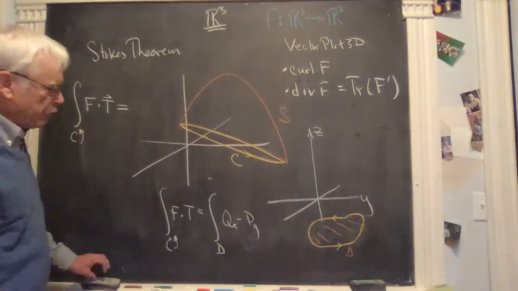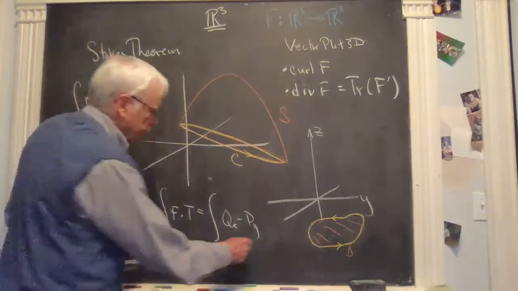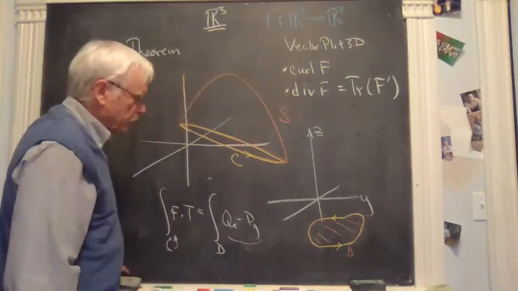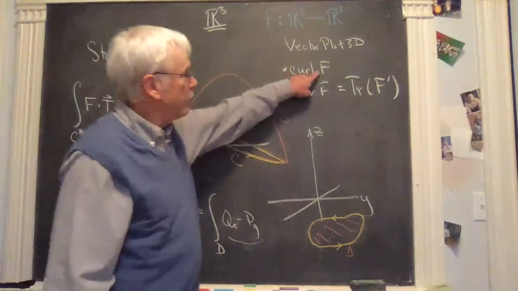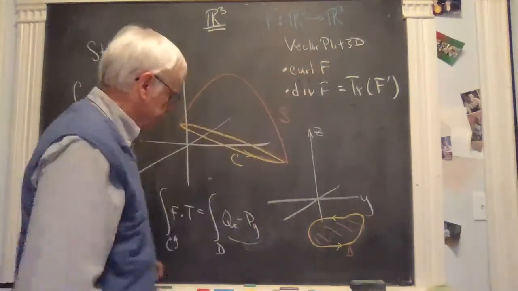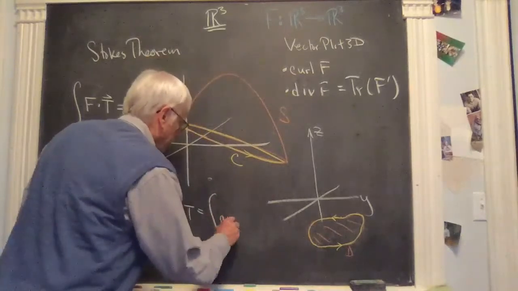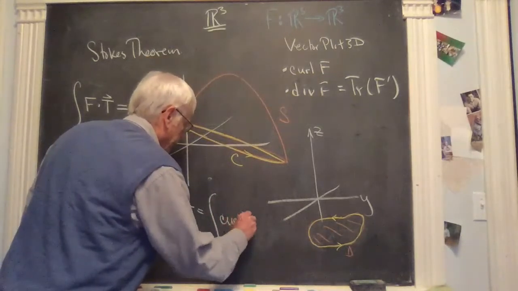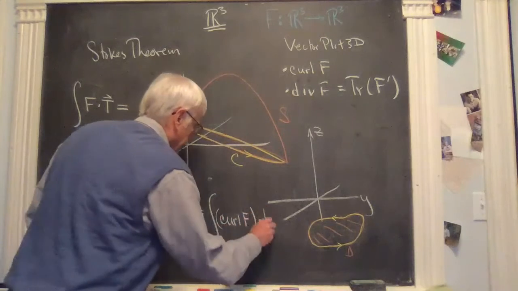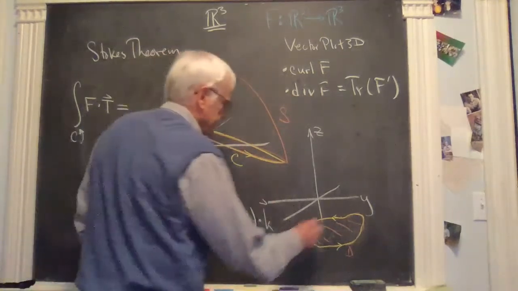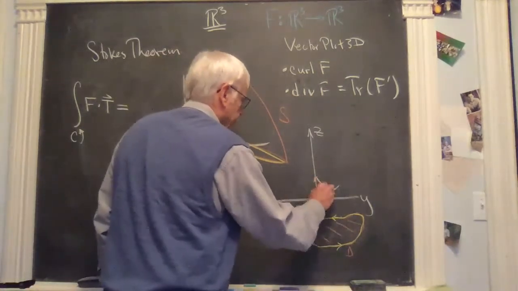So this is Green at work. But Q sub x minus P sub y, you will notice, is the third component of curl. So this is the curl of F dot the vertical, K. K is the vertical unit vector.